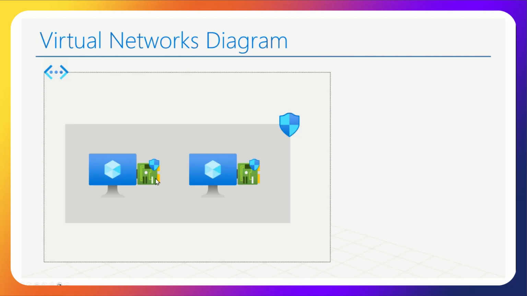Jumping to the virtual machine itself, a virtual machine must have a virtual NIC card. It can have one or more NIC cards. And on a NIC card, it can or cannot have a network security group. So I could have one on the subnet, or I can have a network security group on a network card, or I can have it on both.